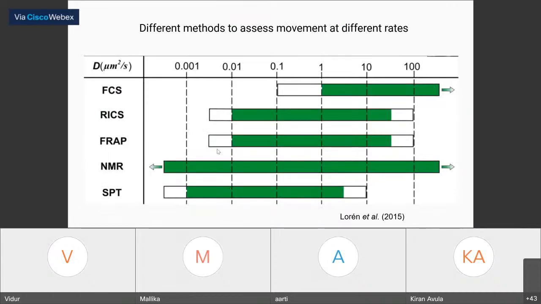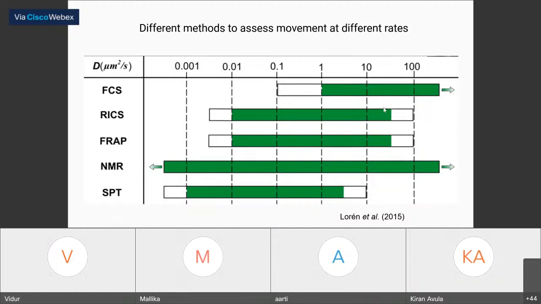Now, there are multiple methods by which movement of molecules can be assessed. They are listed here by this wonderful review. The first one is fluorescence correlation spectroscopy, which is basically a method to quantify the average residence time of any molecule. The only limitation is it can detect molecules only with a very rapid diffusion coefficient, which is 1 to 100 micrometers squared per second.